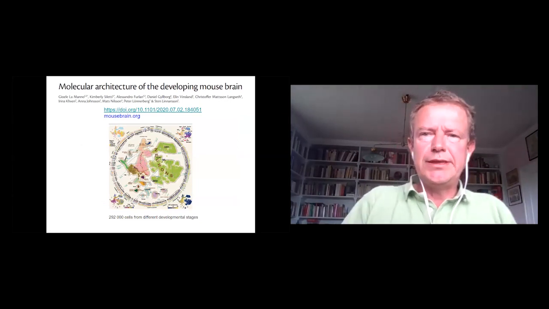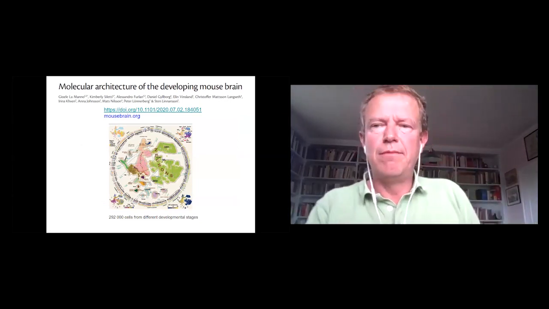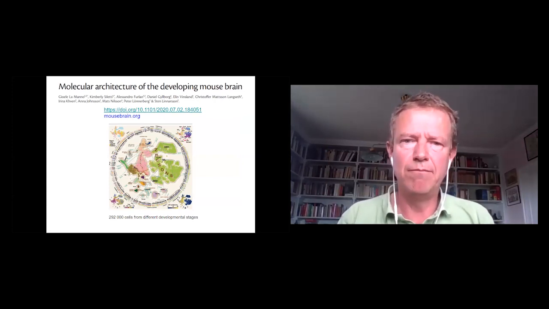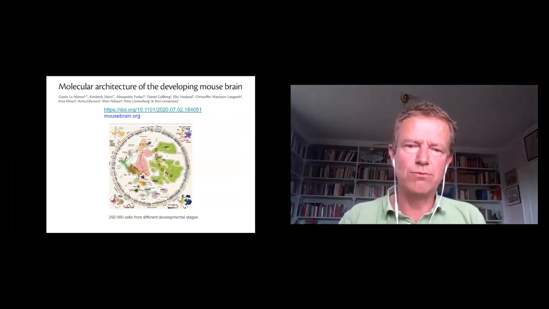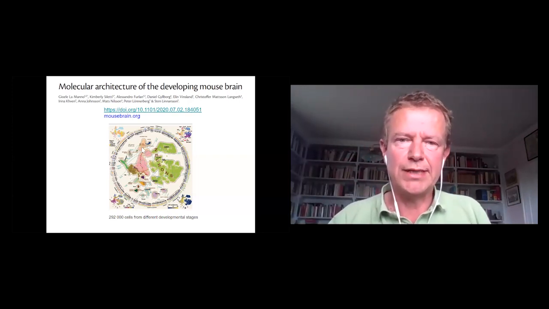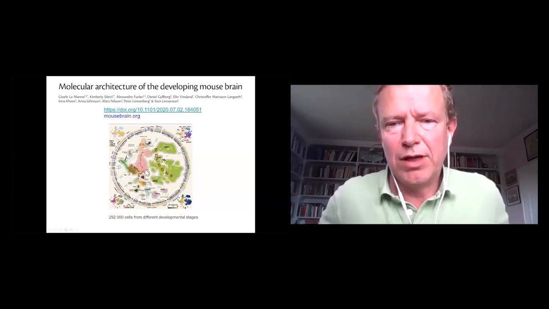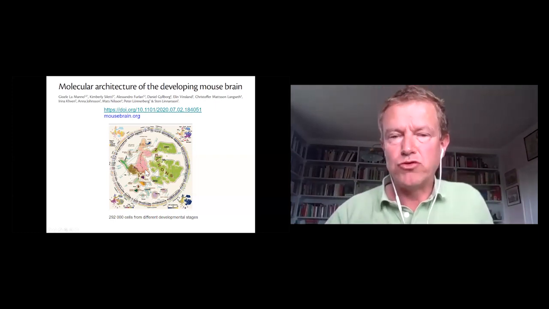So first to the mouse brain mapping effort, and this is a massive work from Sten Linnarsson's lab to do comprehensive single-cell RNA sequencing of the developing mouse brain.